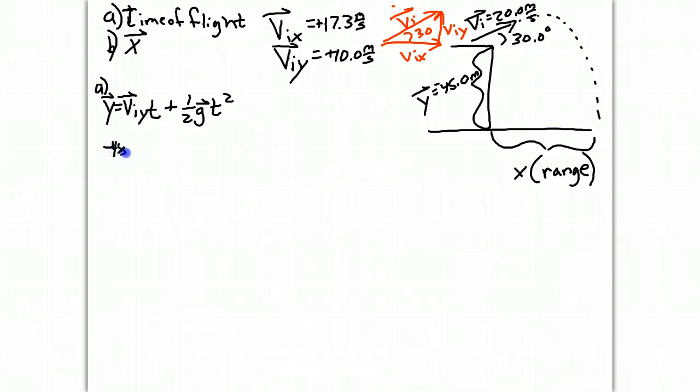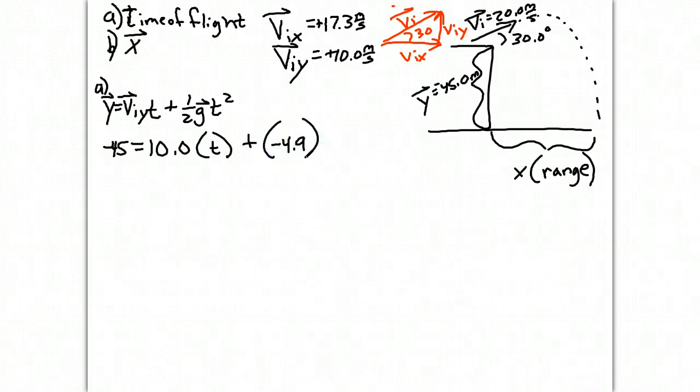Y is negative 45. I'm going to leave out the units. If you take a look at all the units, we're all in meters and meters per second and seconds, so that's good. I'm going to drop the units for now, because for some of you that may be easier. VIY is 10.0 times the time, plus 1/2 of G, which is negative 4.9 meters per second squared, times the time squared.